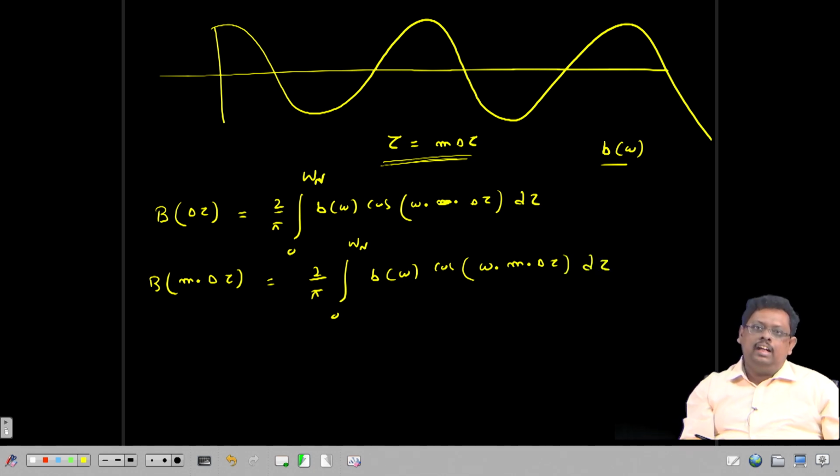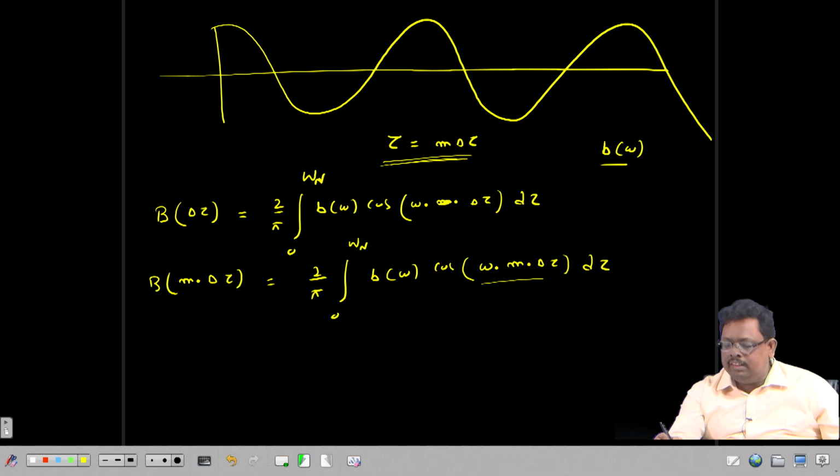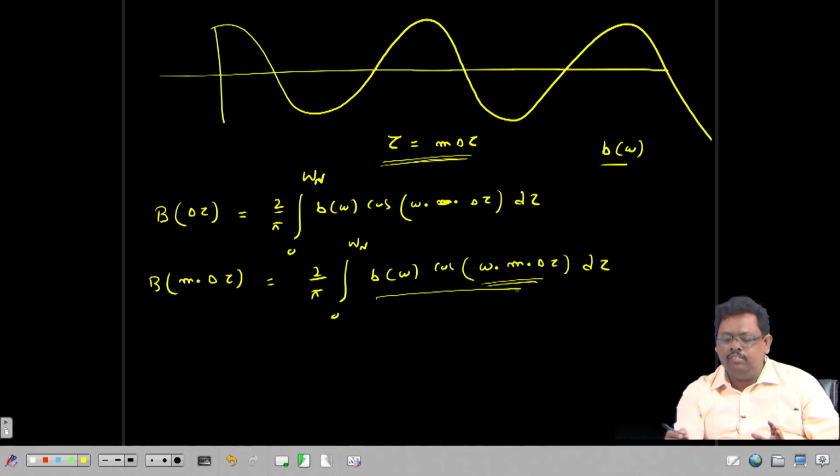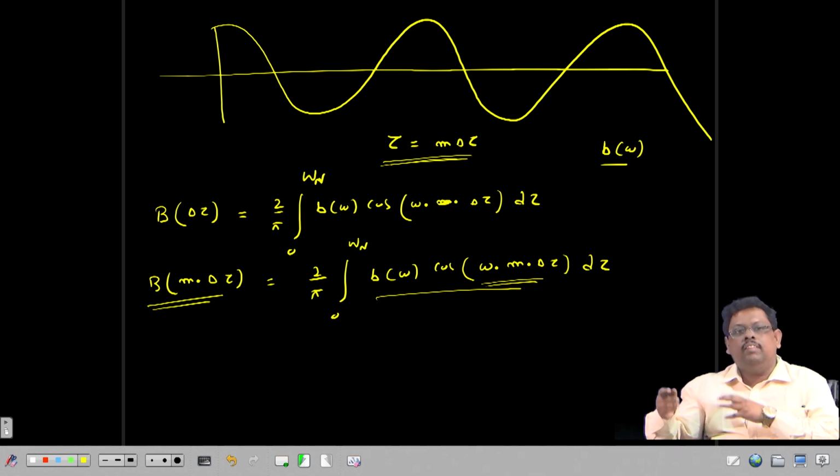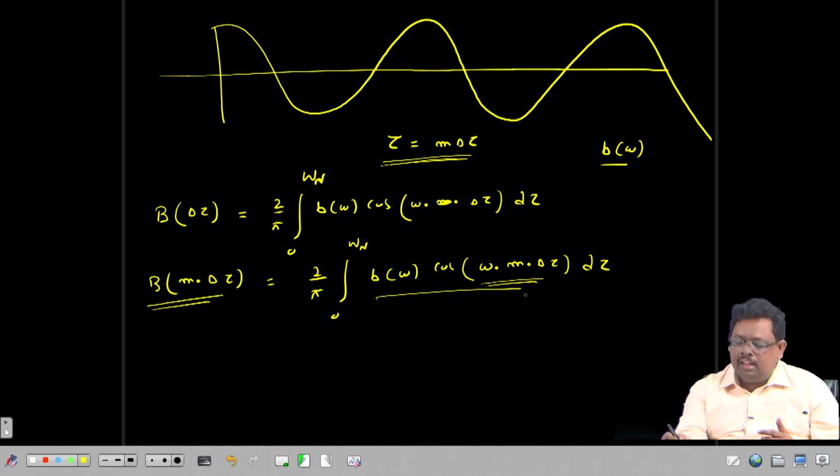Now, clearly this depends on omega into m into delta tau, this functional value. So, I can understand this again turns out to be some kind of repetitive function, because I just put in the functional value.